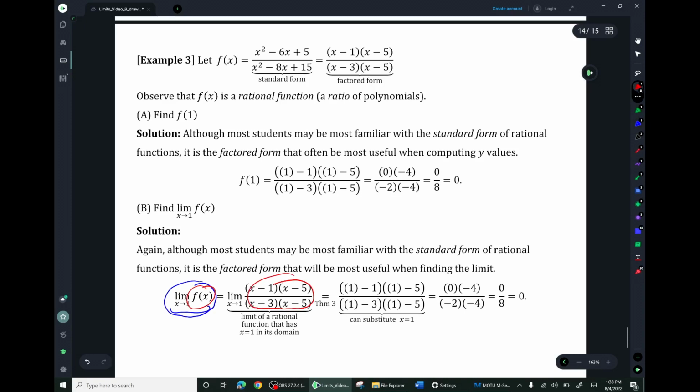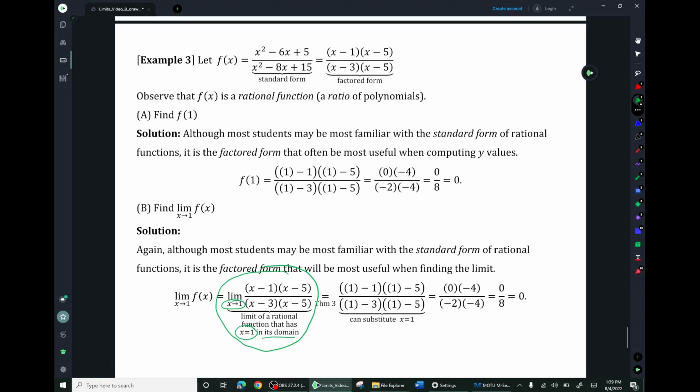That's the factored form of the formula for f of x. Now let's zoom out and think about the form of what we have. We have the limit of a rational function, and we're finding the limit as x approaches 1. And for this rational function, the number x equals 1 is in its domain.